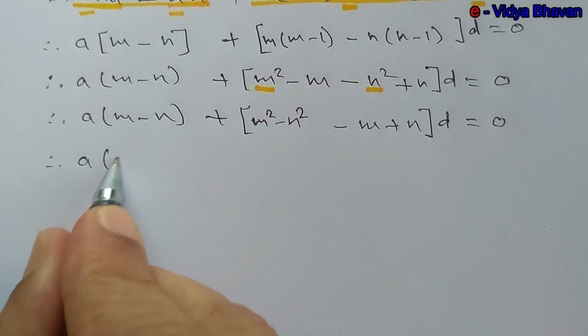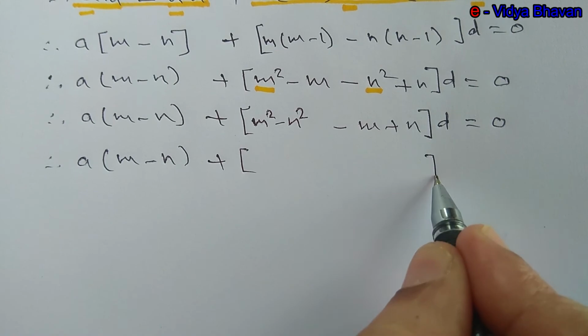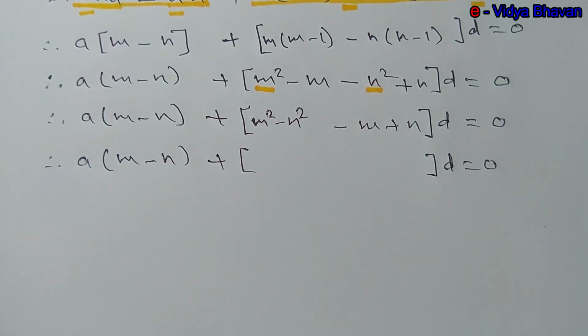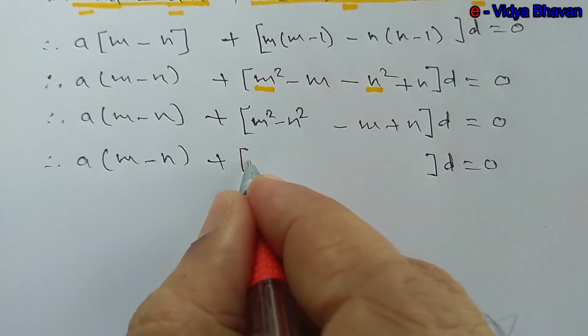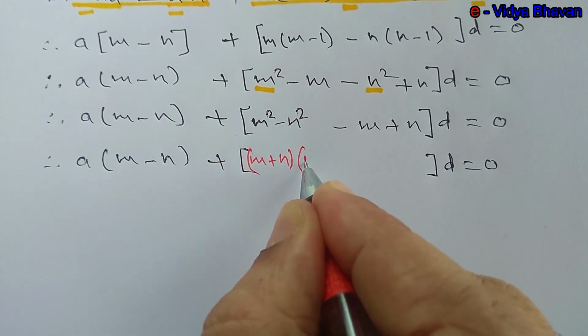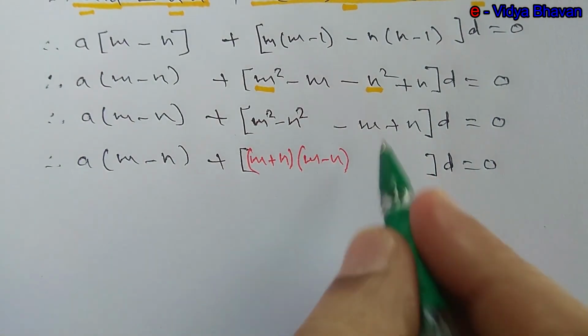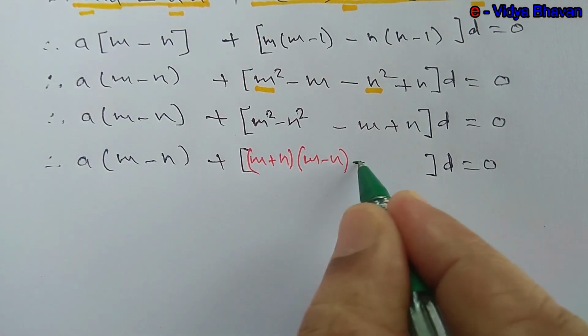Therefore, now again, here we have a formula for m square minus n square, m plus n, m minus n, and here minus m plus n we will take minus common.